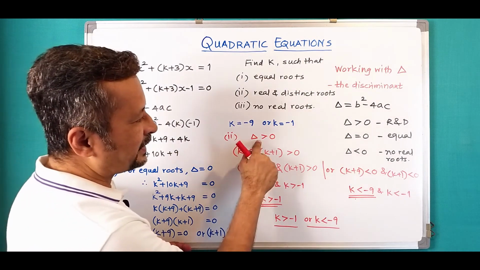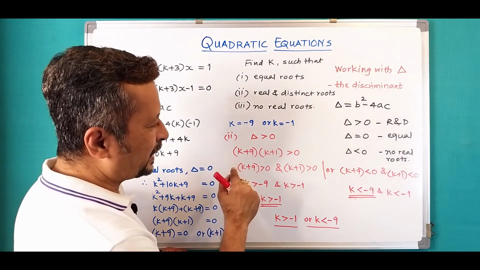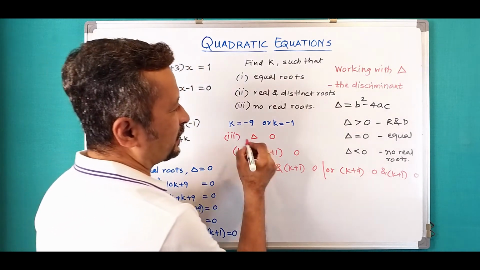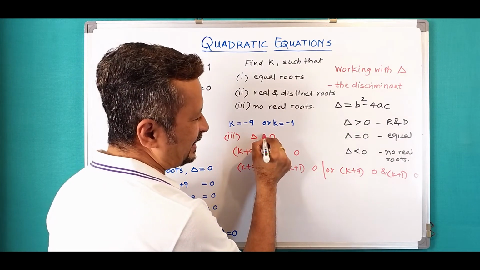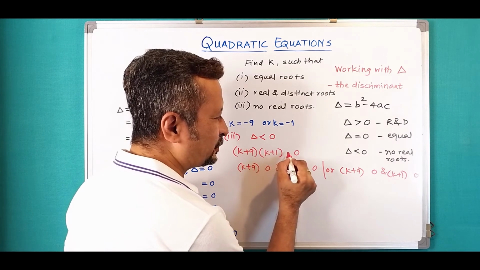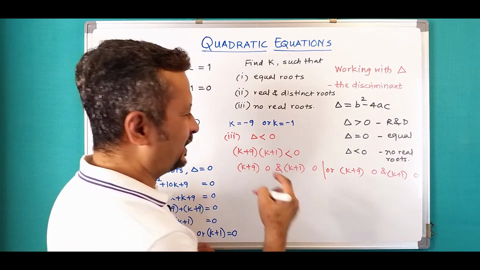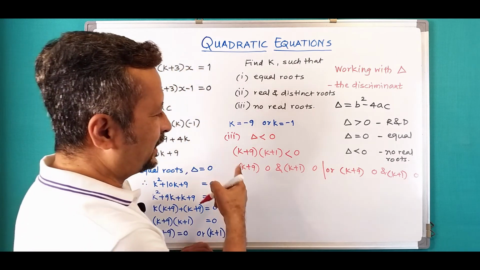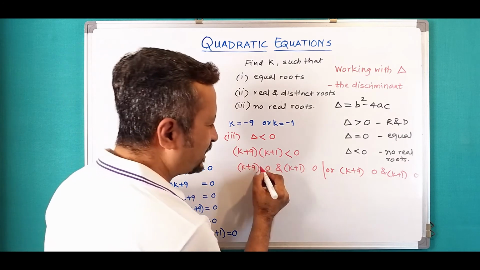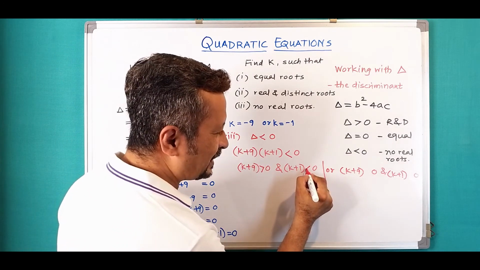So in that case, if delta is less than 0, maybe I'll make quick changes in this. So now see here, I want delta less than 0, correct? So k plus 9 into k plus 1 less than 0, correct? So my k plus 9 should be greater than 0 and k plus 1 should be less than 0.